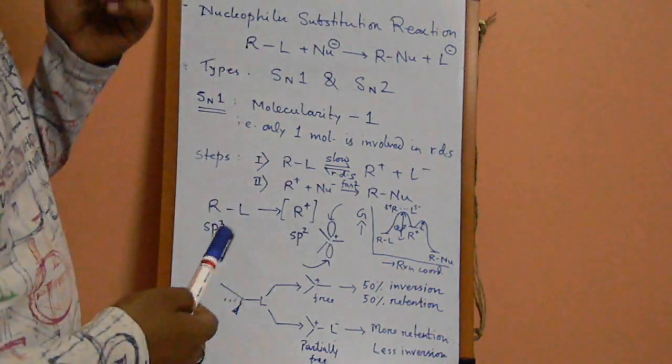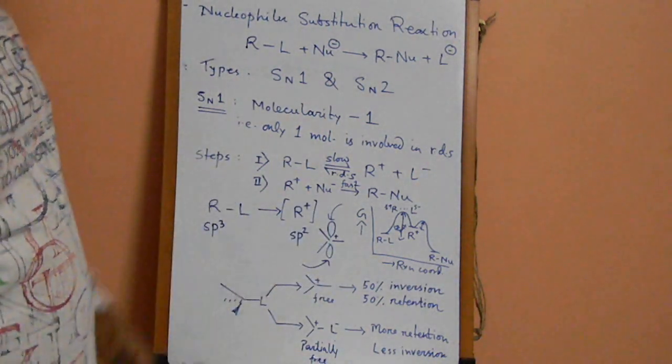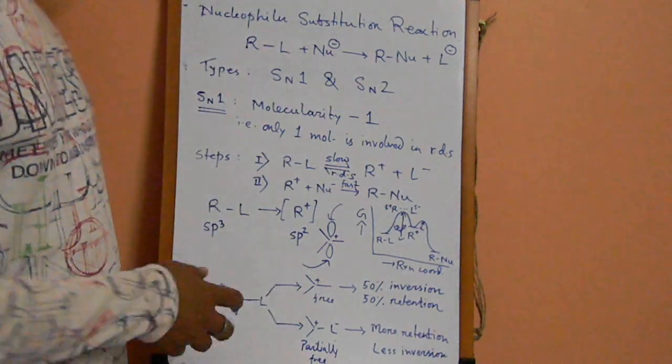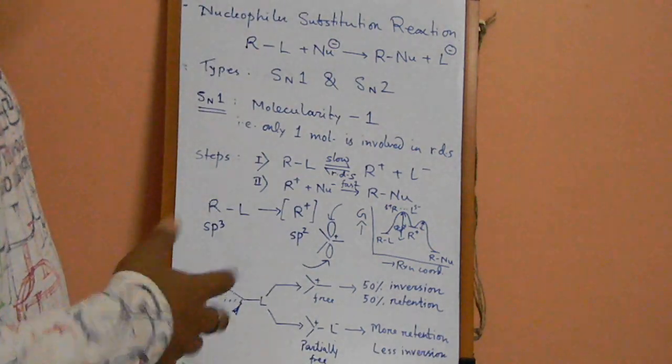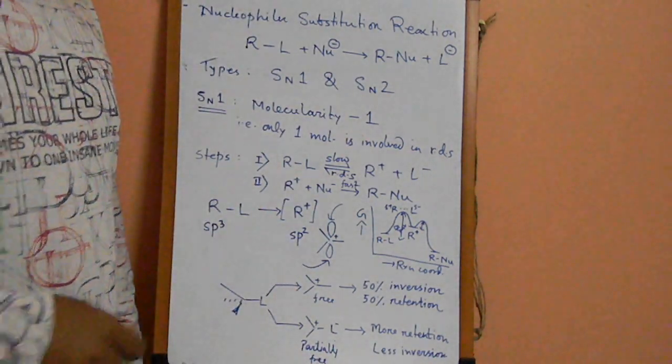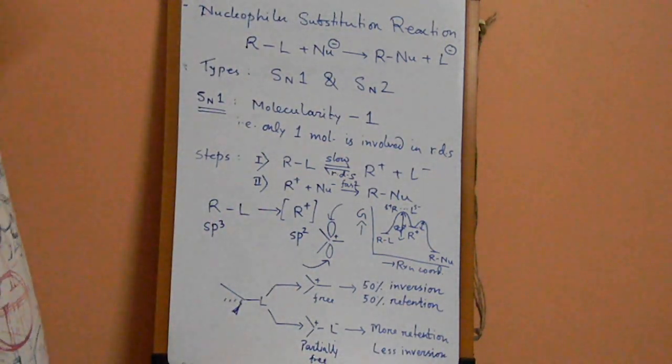So the ideality is not always obtained. In most cases you will get a mixture of products where racemization happens, and we'll talk about that later when we deal with the stereochemistry of the SN1 reaction.